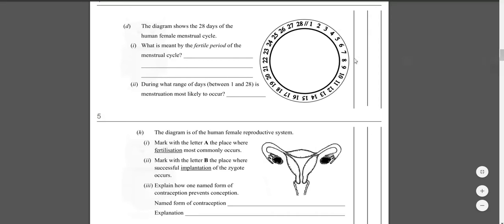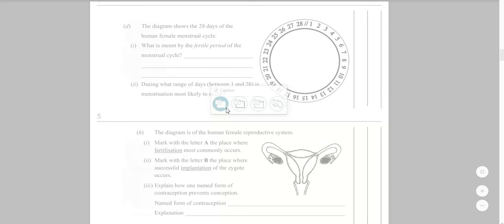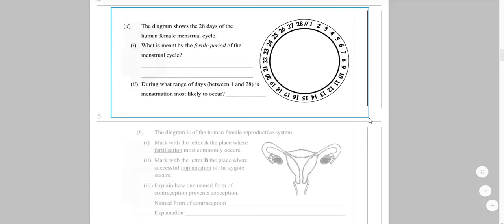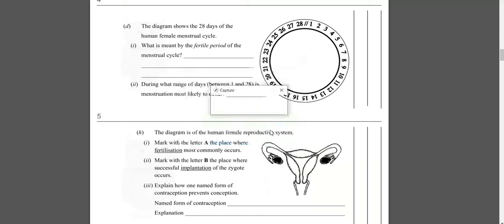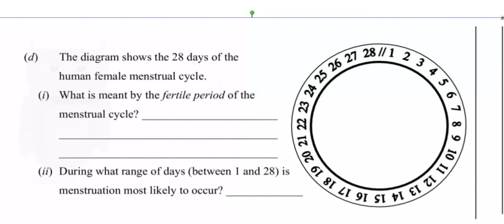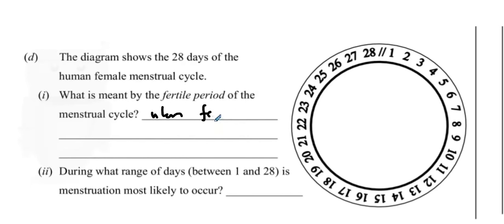The diagram shows the 28 days of the human female menstrual cycle. What is meant by the fertile period of the menstrual cycle? Well, we already answered that a minute ago. It's when the female is most likely to become pregnant.